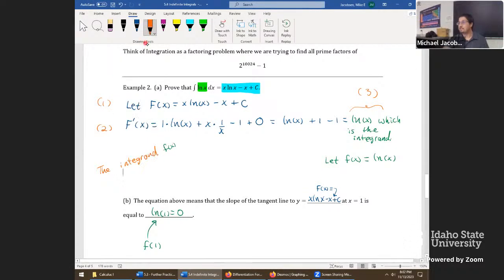So the integrand f of x gives the slope to the tangent line of, now it's the antiderivative F of x at any x in the domain.